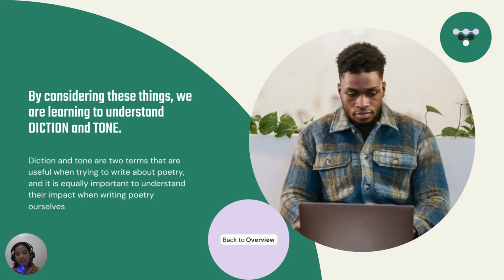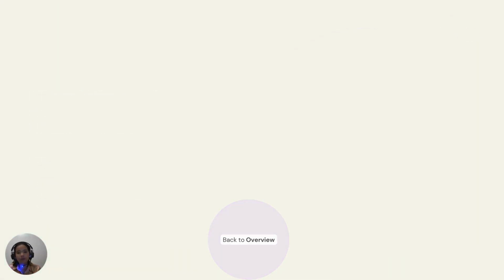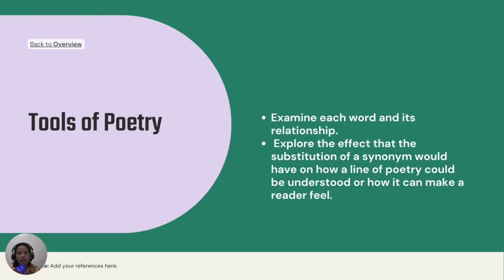So if the purpose is set already and it is clear already, therefore the impact of the writer when trying to put the diction is about whether it is in first point of view, second point of view, or third point of view, and the tone is about the emotion explicitly and implicitly presented in the poem. So the emotion presented is what the writer or the poet wants to give in the poem. So let's now move on.